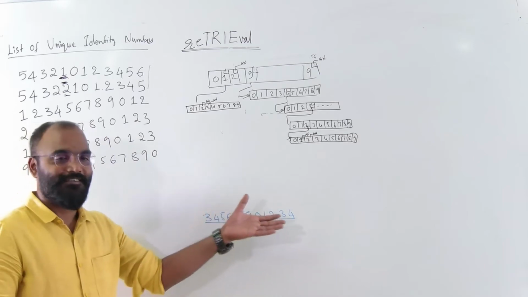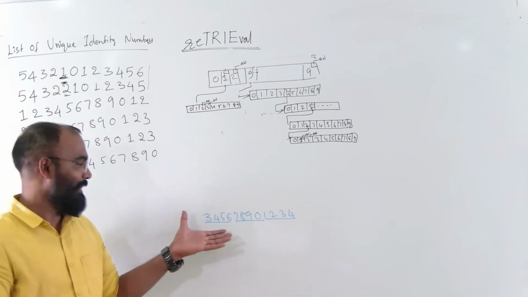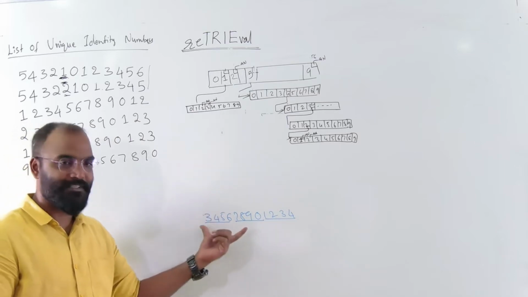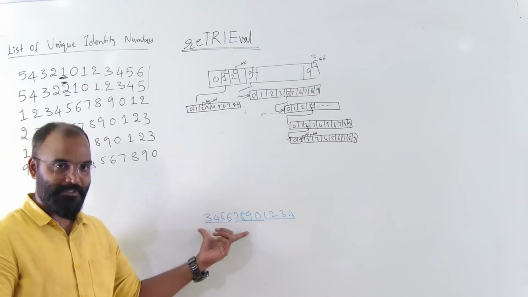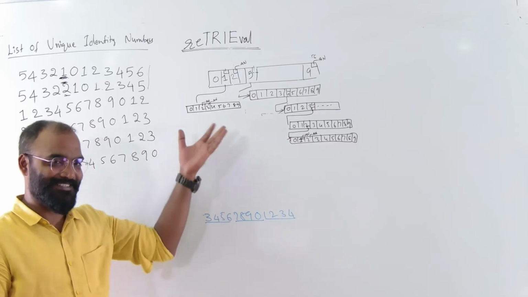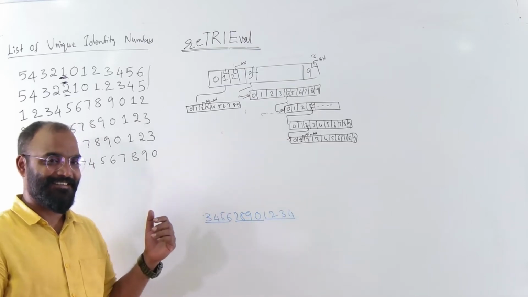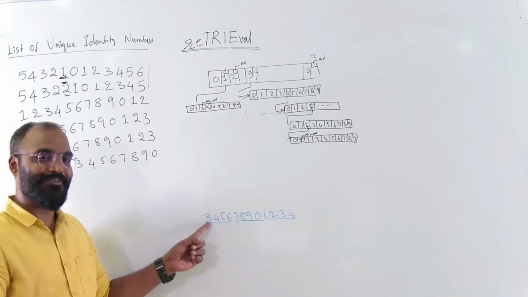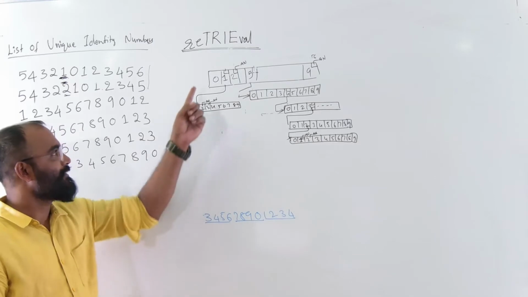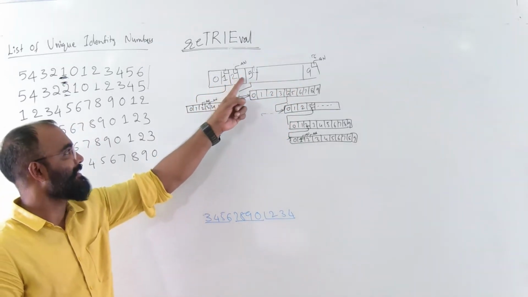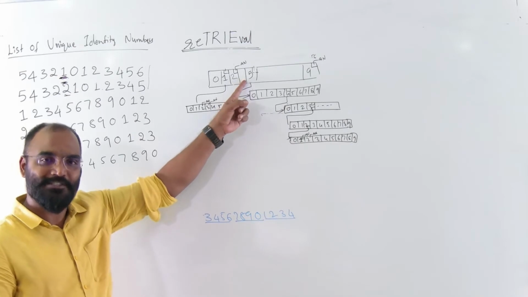For 1 billion Aadhaar numbers in your trie data structure, you have entered one number and you are asking the system to retrieve it. What happens in this case? You start with the first digit, 3, and search for it in the root. 3 is not present at all.